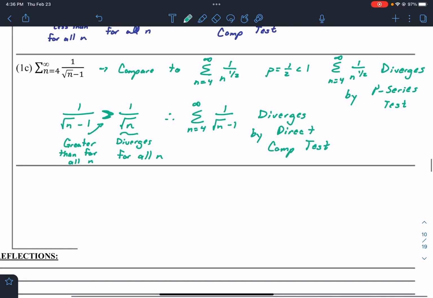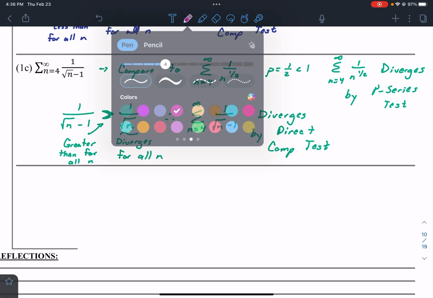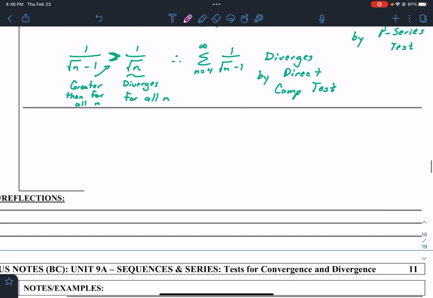So I really like direct comparison. Most of the time we're using p-series and geometric series, which is kind of nice. I do want to write a note down here to make sure that everybody's on board. The whole idea behind direct comparison is smaller than finite must also be finite.